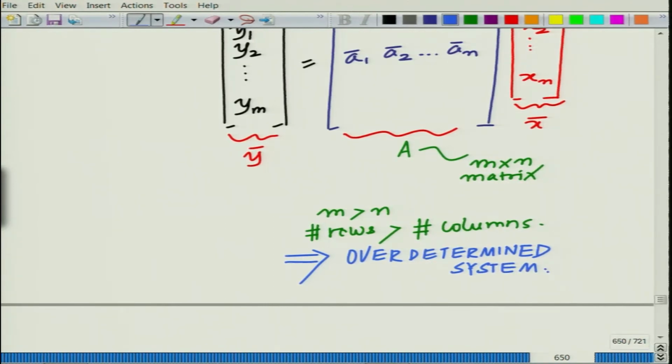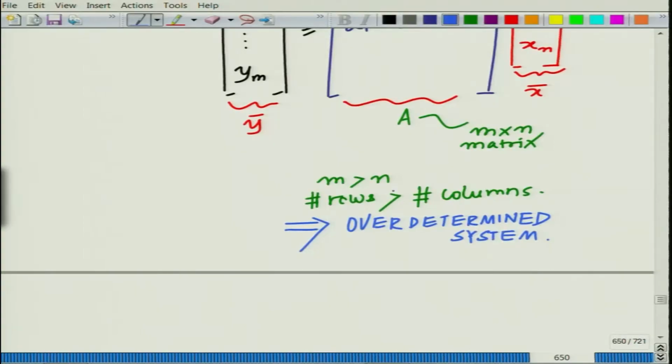Because when the number of rows is greater than the number of columns, it means that the number of equations, which is m, is greater than the number of variables, that is n. Number of equations is greater than the number of unknowns.